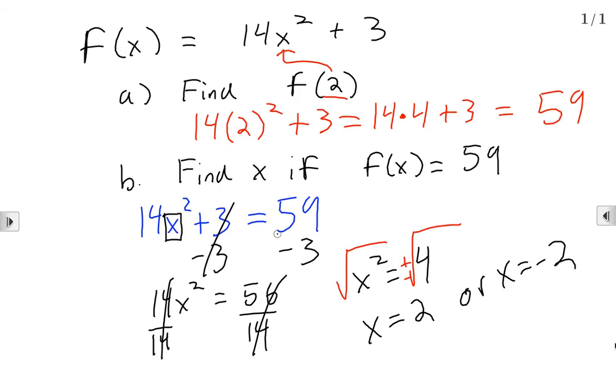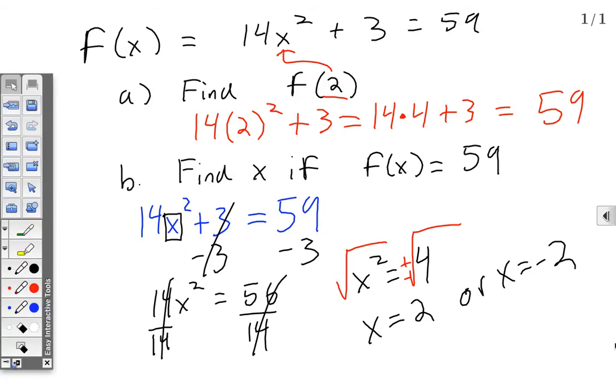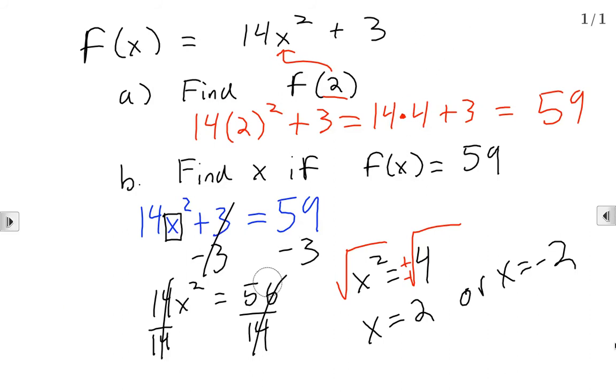Set it equal to 59, so write out the function equals 59. And then since it's not an A, B, C situation, it's just A and C, we can just subtract 3, divide by 14, take the square root, do just kind of normal algebra solving.